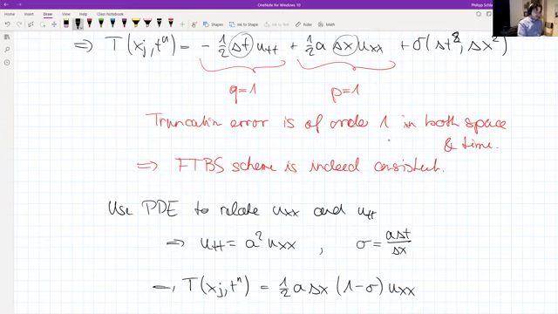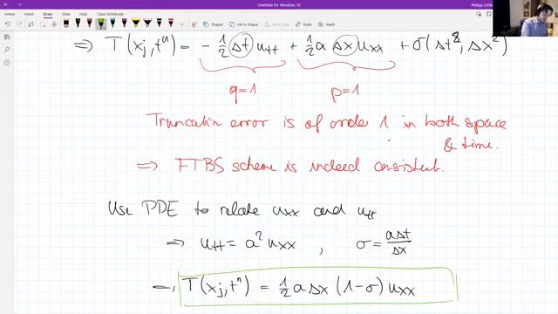So in this way, I just have one term that gives me the truncation. And of course, this term is still first order in space, so I still have a delta x here. But it's still consistent in the sense that if delta x goes to 0, then the error will go to 0.